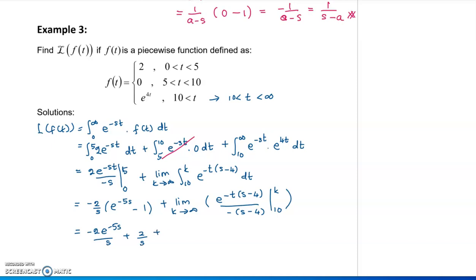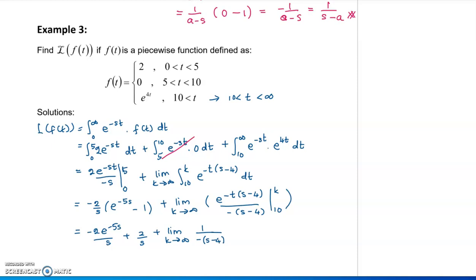And then for the limit, we have limit k approaching infinity. We can put aside the 1 over negative (s-4).